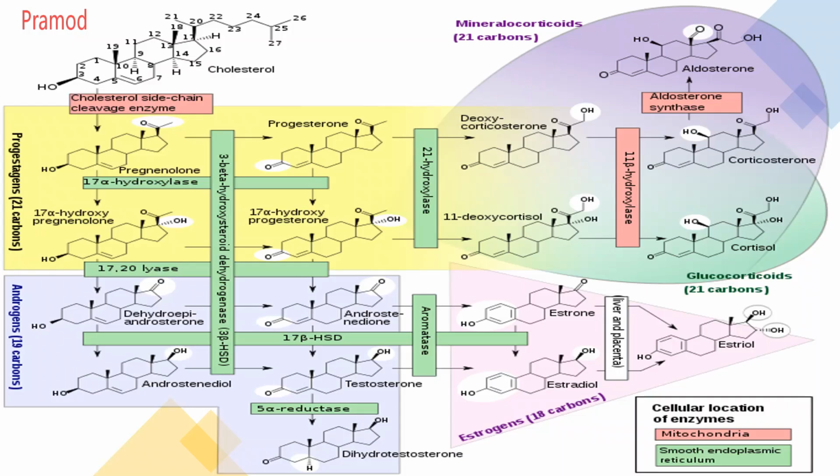Now this is the total representation. Testosterone, by the enzyme aromatase, gets converted into estradiol, and androstenedione gets converted into estrone. This estrone in the liver and placenta gets converted into estradiol.